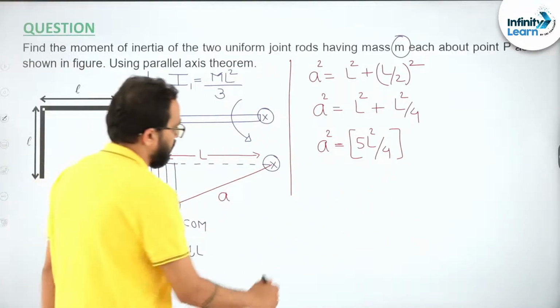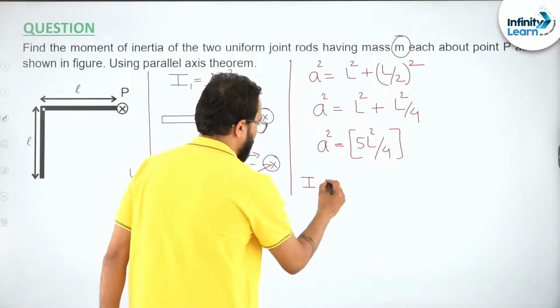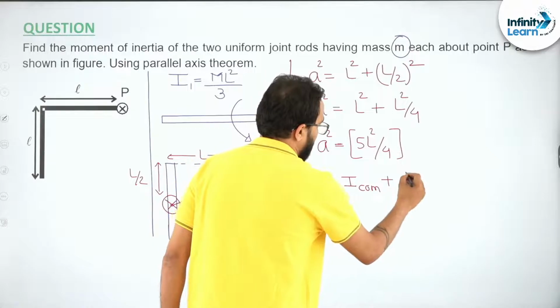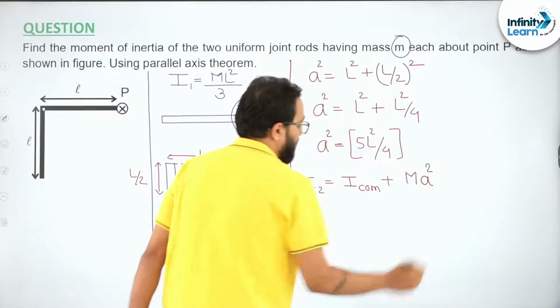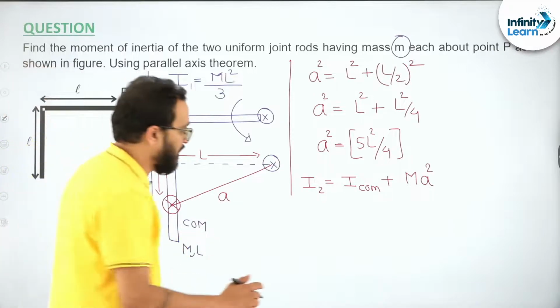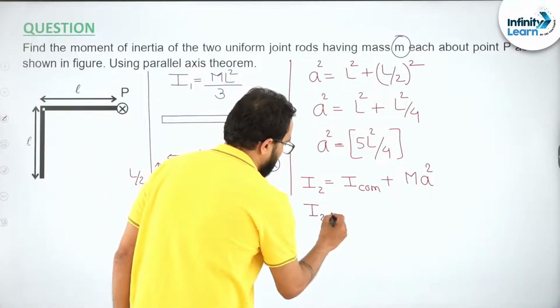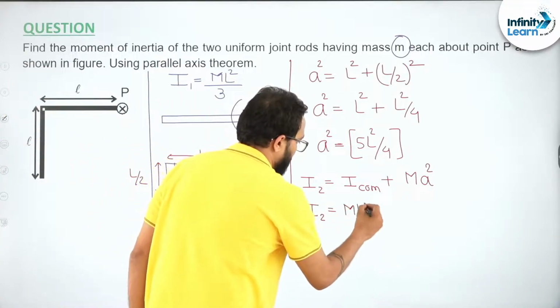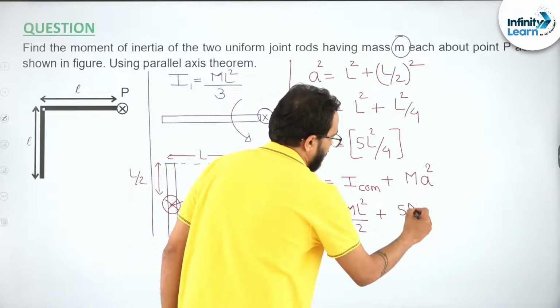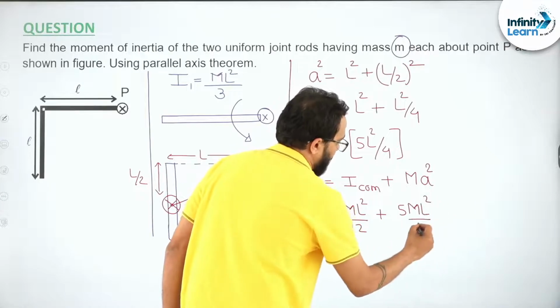Now what is I2? I2 will be I COM, please apply it carefully, plus M a square. Now what is the moment of inertia of this rod about its own central axis? ML square by 12, right? So you will say, sir, it will be ML square by 12 plus 5ML square by 4.